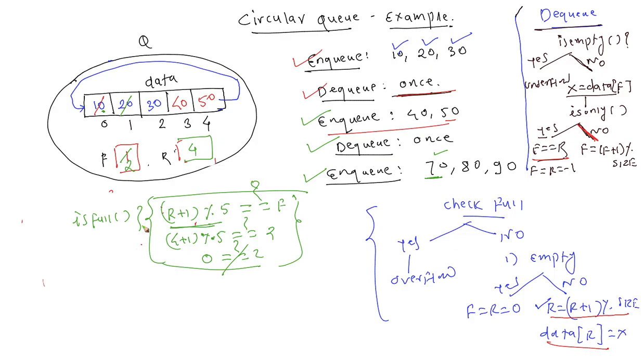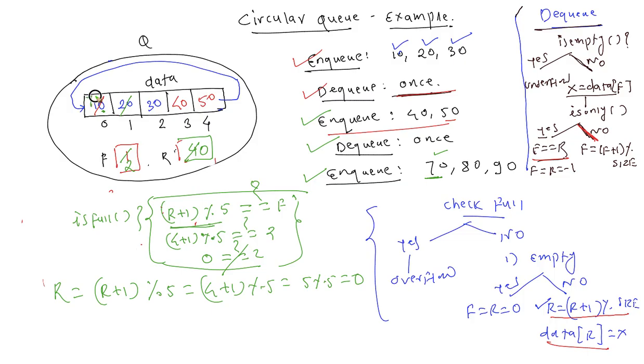then I increment my r. I say r is equal to r plus 1 mod 5, which is 4 plus 1 mod 5, which is 5 mod 5, which is 0. Now r becomes 0, and then we go to the 0th location and insert this 70 there.